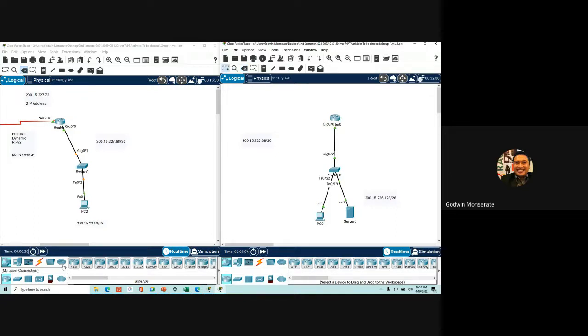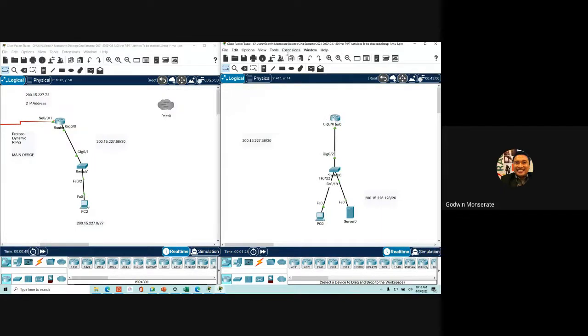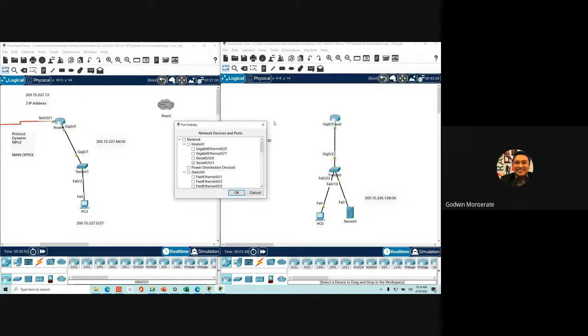So, sa ganitong first na to, mapili kita kung asang multi-user mo take place. This one. Okay? This one. Then, i-listen na to dire, extension, 38002 na. Okay? 38002.